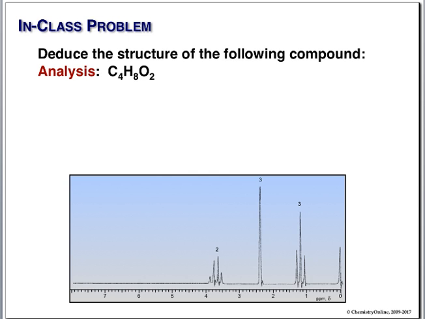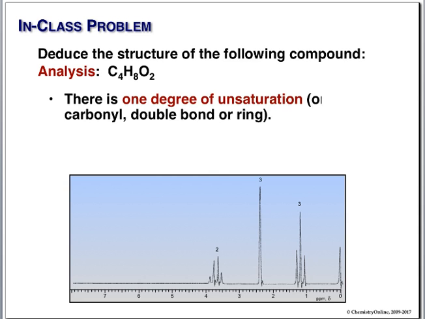We figured out degrees of unsaturation, right? If we had 4 carbons, how many hydrogens do we need? 2n+2. So we need 10. We have 8. We have 1 degree of unsaturation. Either have a ring, carbonyl, double bond.